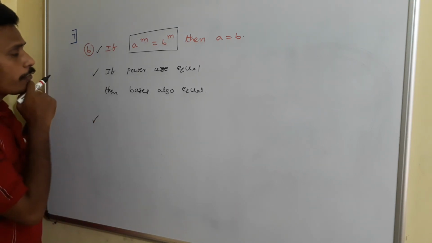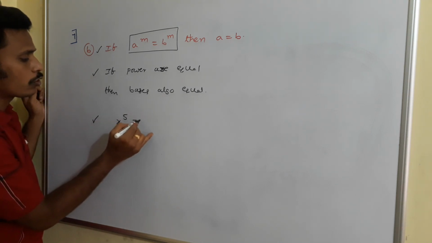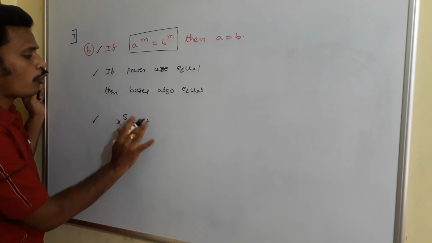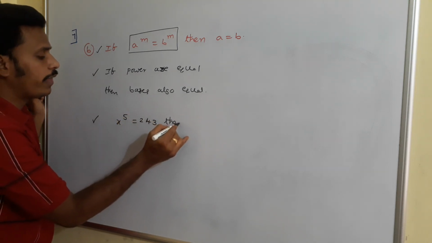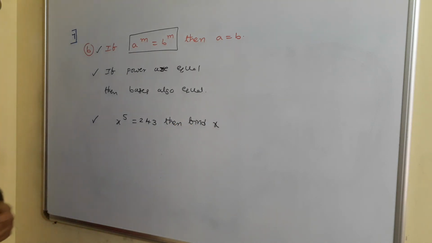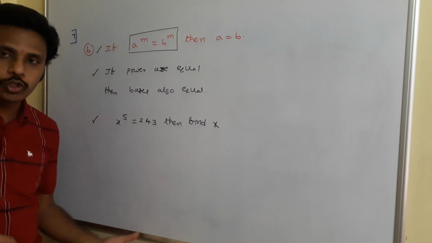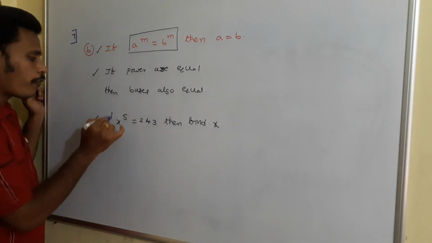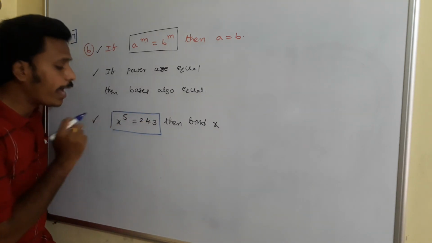For suppose you have a problem like this: x power 5 is equal to 243. Find x. How to find the value of x? As per this law, if powers are equal, then bases are also equal. Here x power 5 is equal to 243 is given, and I am trying to find the value of x.